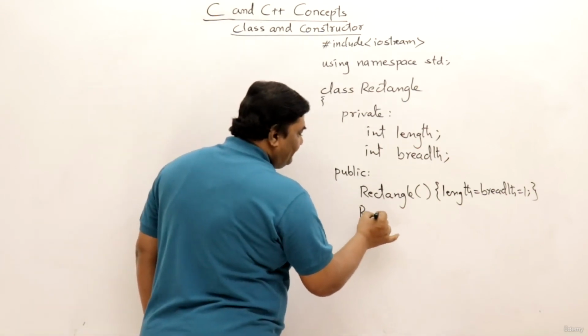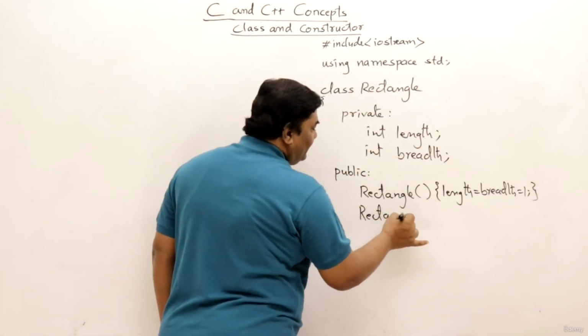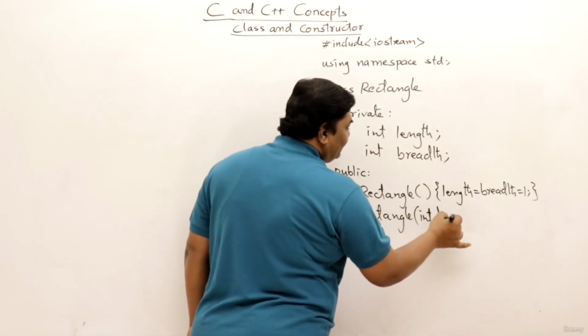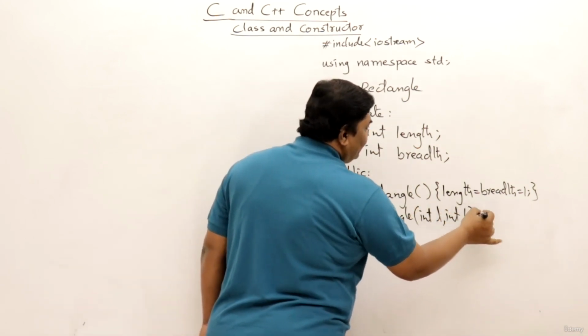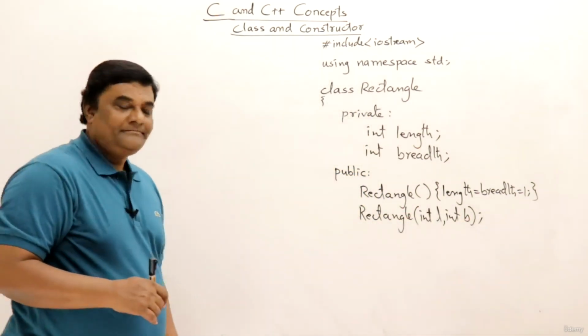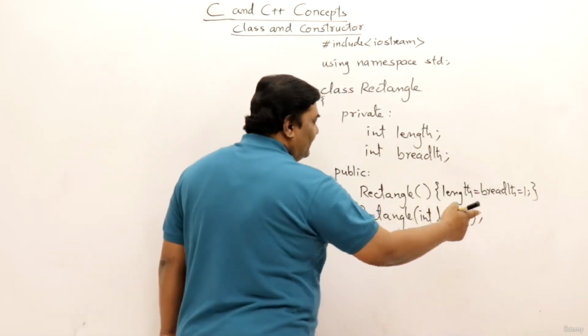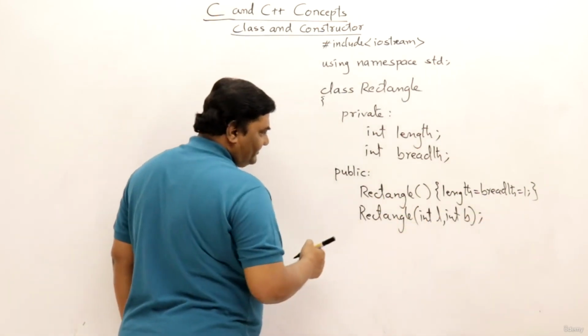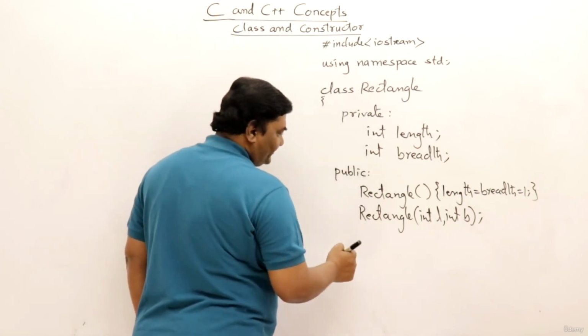Then next I will write a parameterized constructor. This will be called constructor overloading. This takes length and also breadth. This I will be defining outside using the scope resolution operator. So this is just a prototype, or signature, or the header of a function. This is a constructor member function.